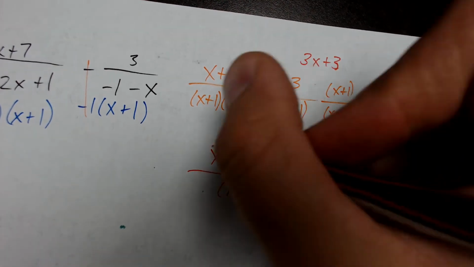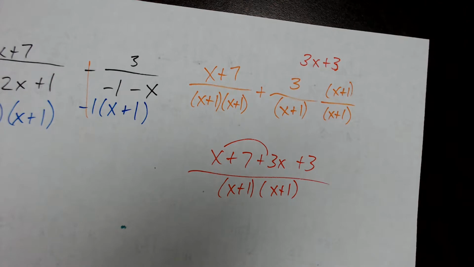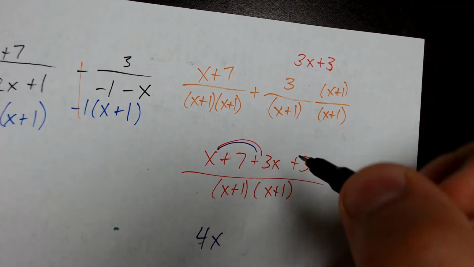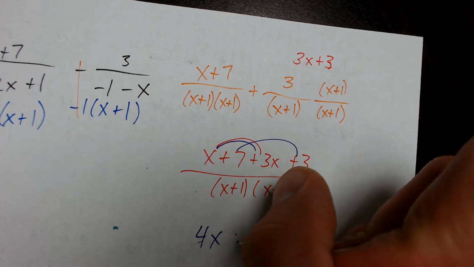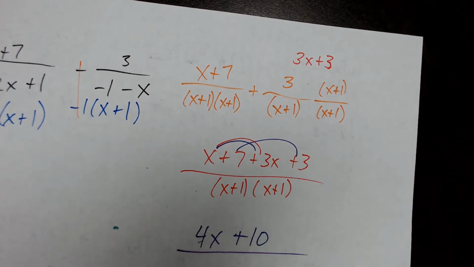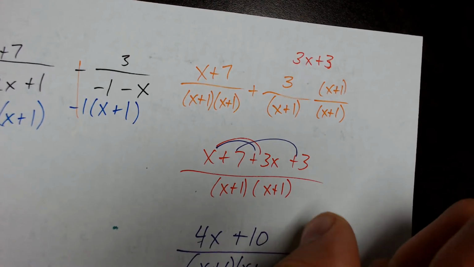Here I can add like terms: x plus 3x becomes 4x, 7 plus 3 becomes 10. So I have 4x plus 10 over x plus 1, parentheses, x plus 1.